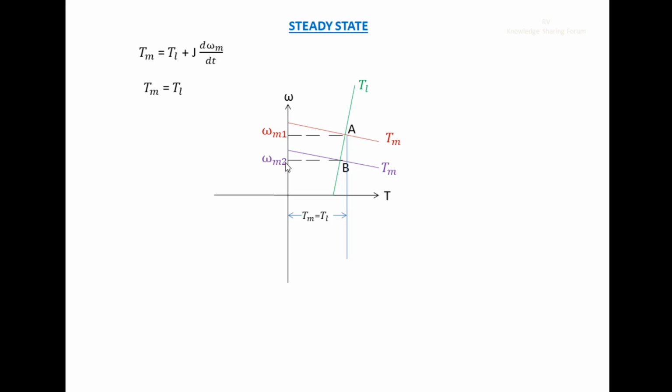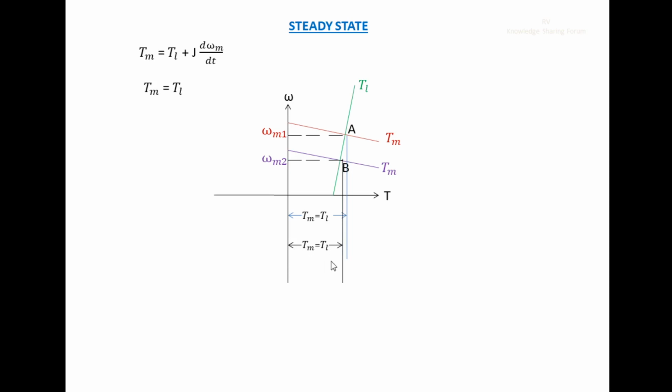The speed torque characteristics corresponding to this omega m2 is this line. This is our motor torque corresponding to the speed omega m2, and its operating point is B. This is our load torque. In this condition, again the motor torque is equal to the load torque. From here to here is our motor torque and from here to here is our load torque.